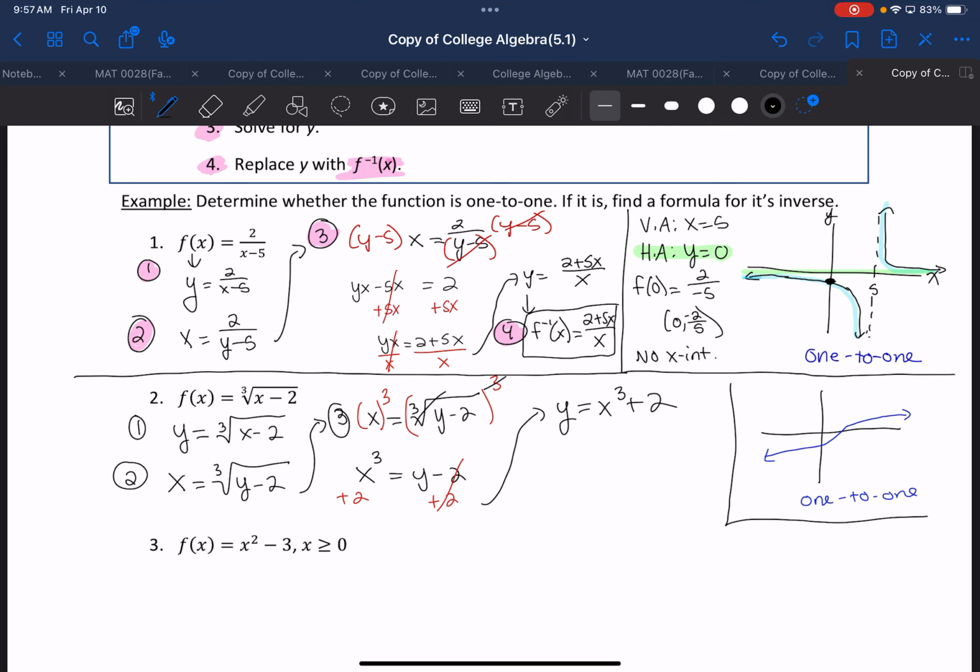And then the last step, step 4, is just to replace that y with the inverse notation, which would be f inverse of x equals x cubed plus 2. And so that would be the formula there. Well, not without the 4, I guess. And these are my steps I'm following.